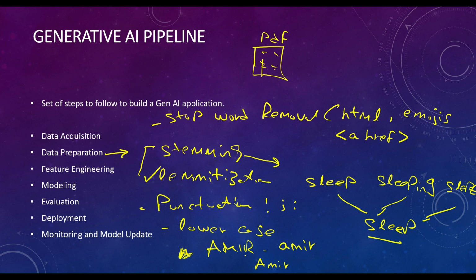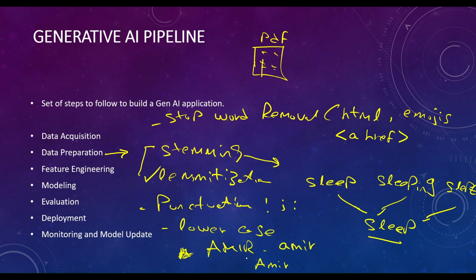Now each would have a different numerical representation, because capital A and small a both have a different numerical representation. So you are just adding unnecessary data. So before you convert your data into numerical representation, you will convert the whole paragraph, each and everything, into lowercase, so that it will not create numerical representations for duplicate or similar kinds of information.